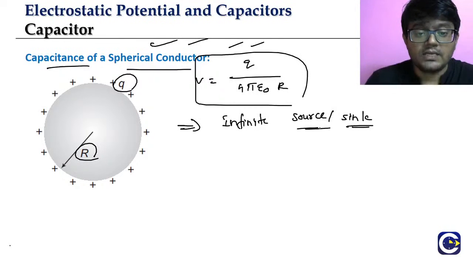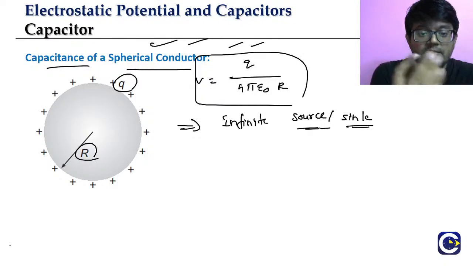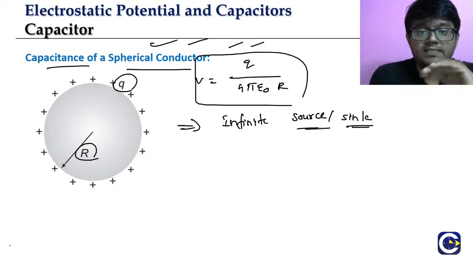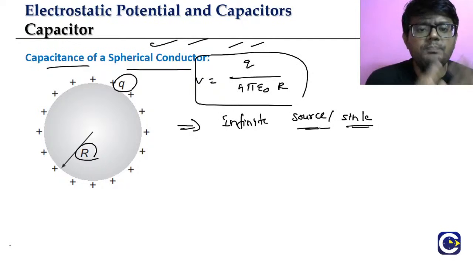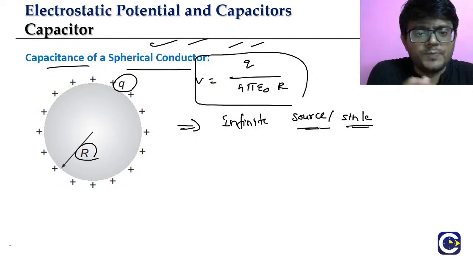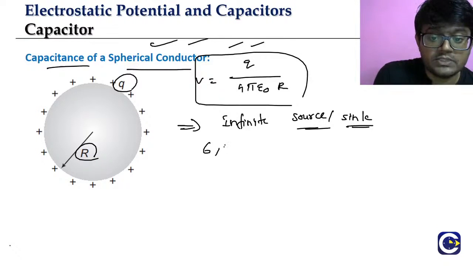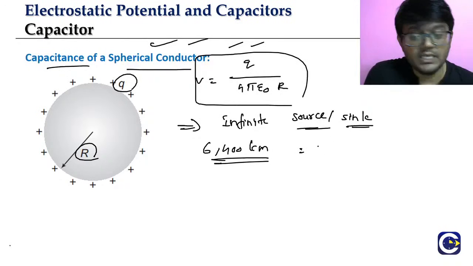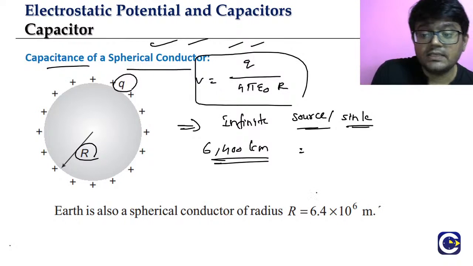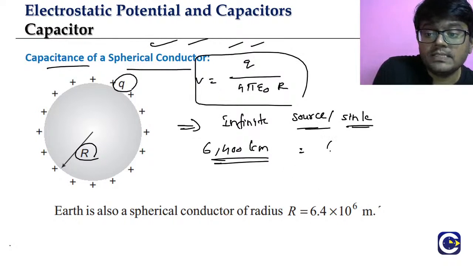But what is the shape of the earth? It is approximately a spherical shape. Of course it is not a perfect sphere, but we can approximately say it is a spherical shape. And we even know, gravitationally, we will talk about this, the radius of the earth is approximately 6400 kilometers, which in SI units is 6400 into 10 power 3 meter.